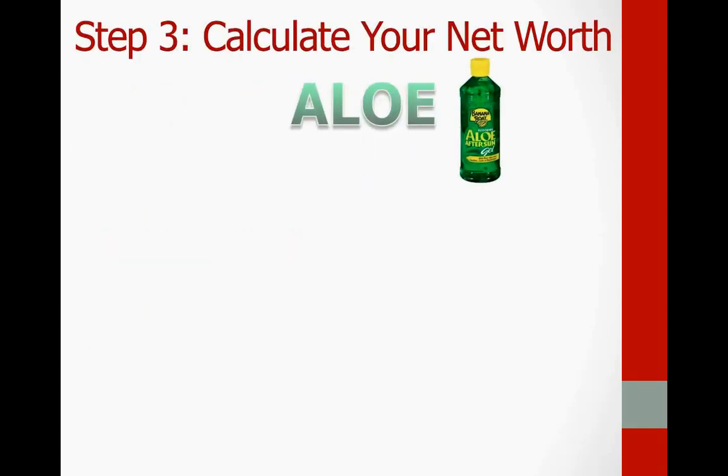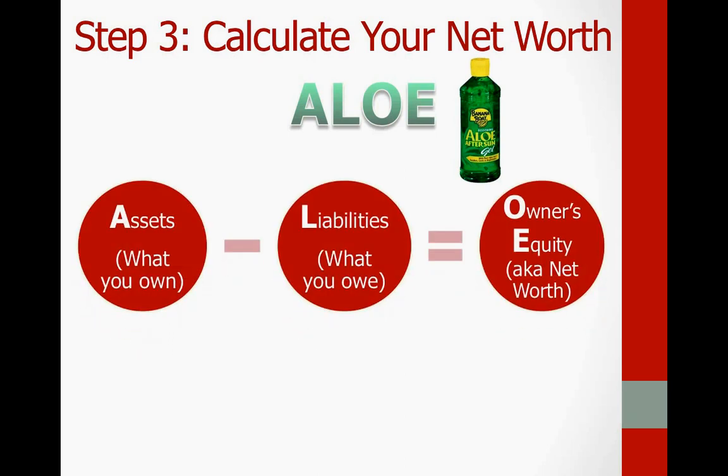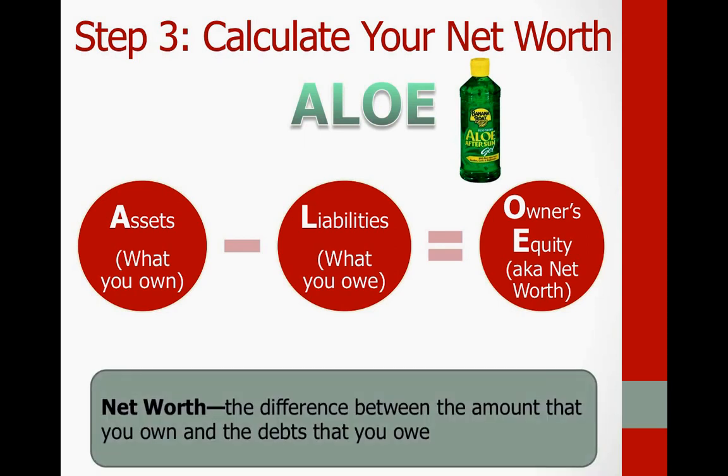What the calculation does, when you look at your assets, what you own, minus your liabilities, is give you your net worth, also called owner's equity. For those who have taken accounting, you've probably heard of owner's equity with the accounting equation. There's a very short acronym, ALOE. Keep that in your mind to remember this calculation. Essentially, these two numbers, assets and liabilities, determine your net worth.